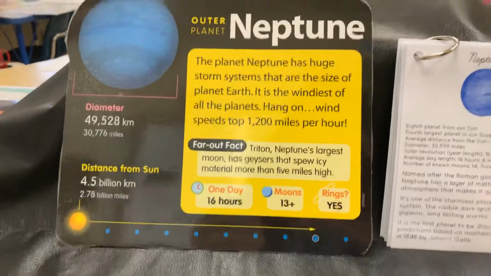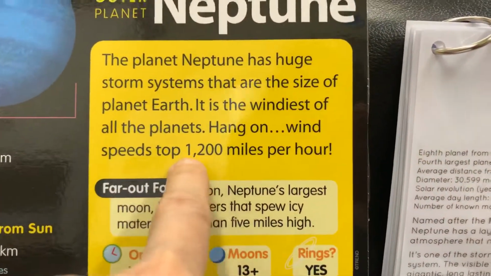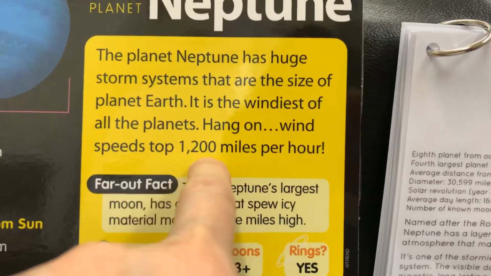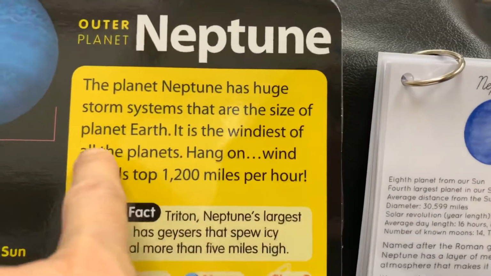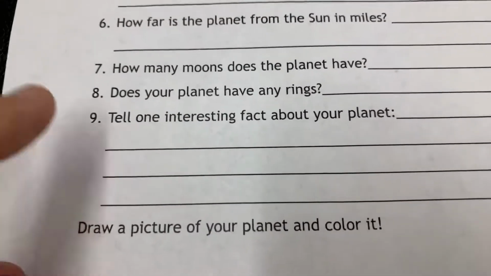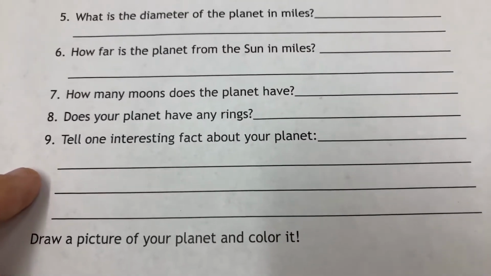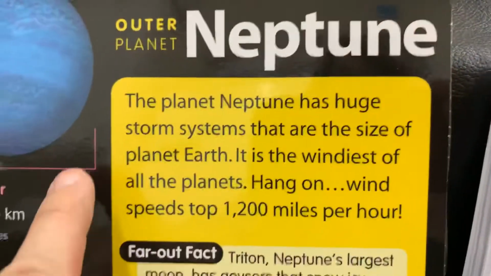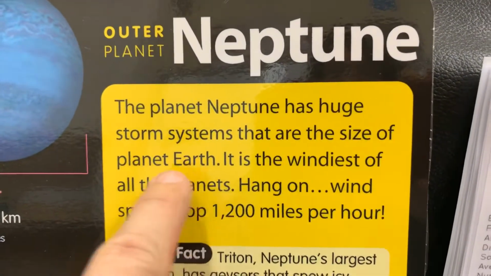Crazy. What was about Neptune that we learned? Wind speeds top 1,200 miles per hour. Hang on. It is the windiest of all the planets. Could you write that down on interesting fact? Tell one interesting fact about your planet? Yes, you could. Here's another one. It has storm systems the size of planet Earth.